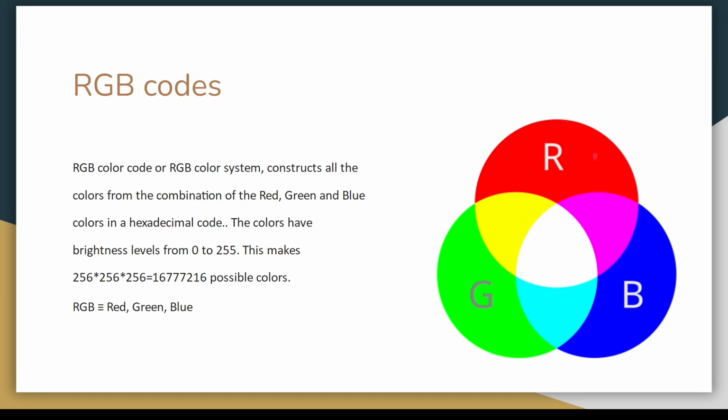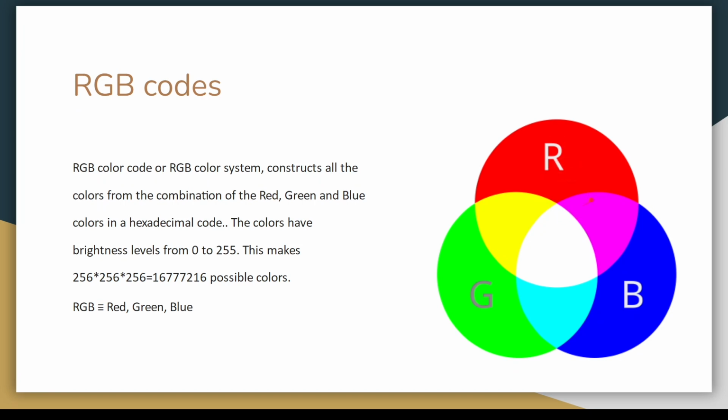So there's a diagram over here. First of all, we have to figure out what brightness these are. These are all at max brightness, and the reason we know that is because when all of these 3 are combined, it makes white, which is all the light combined, like rainbows, which have every single color in them, split from white light into different colors. So we know that these are max brightness.